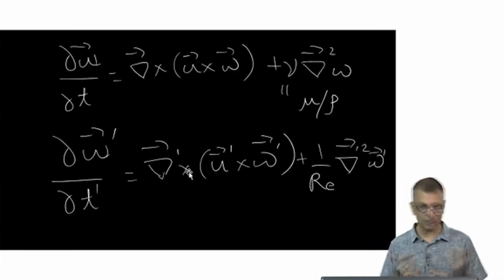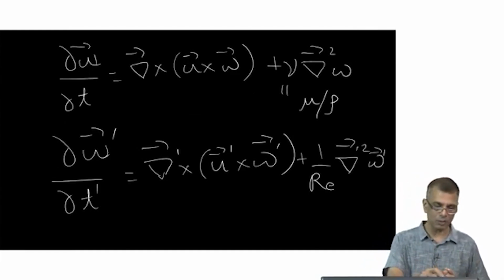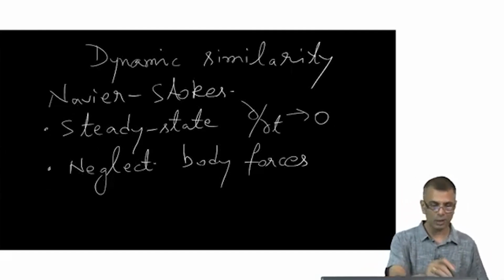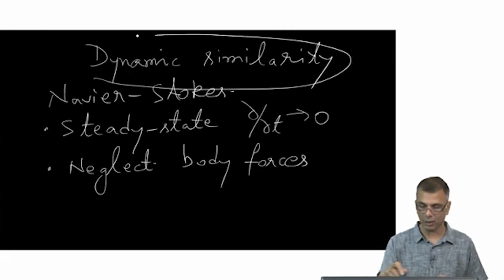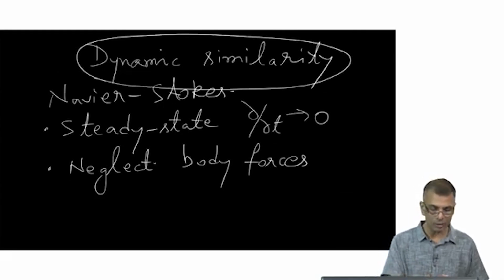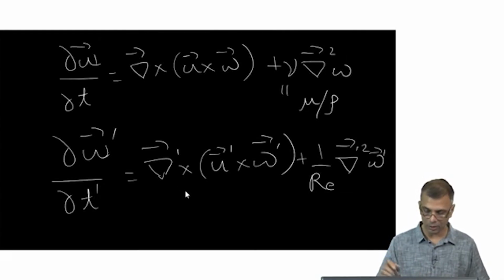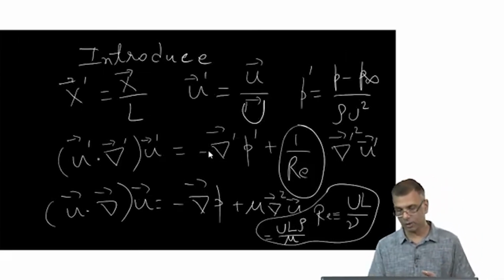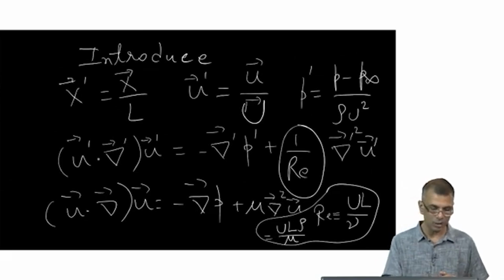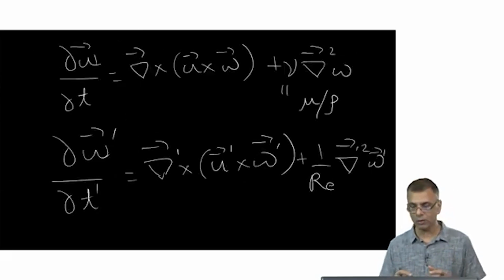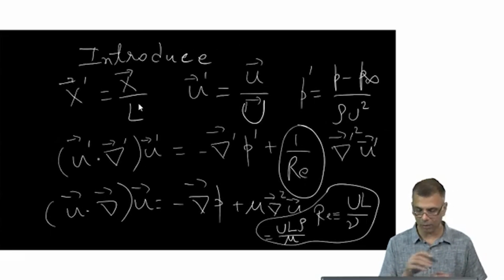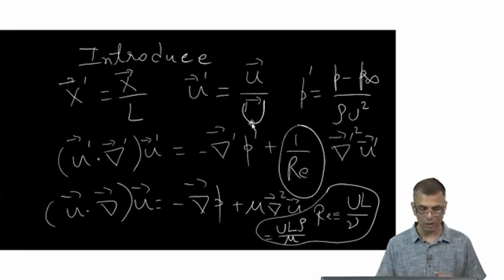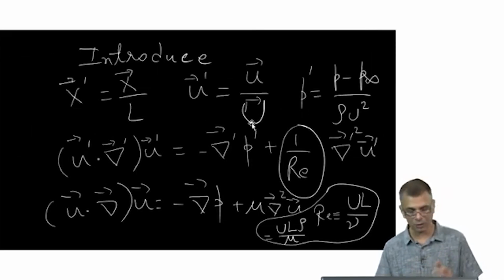And herein is the principal idea of this thing called dynamic similarity, right? Because this equation or this equation is written in dimensionless numbers. All you need to do is change the macroscopic length and macroscopic velocity, and the rest adjust themselves, the vorticity and other things.